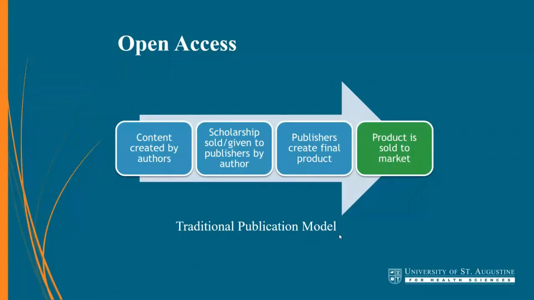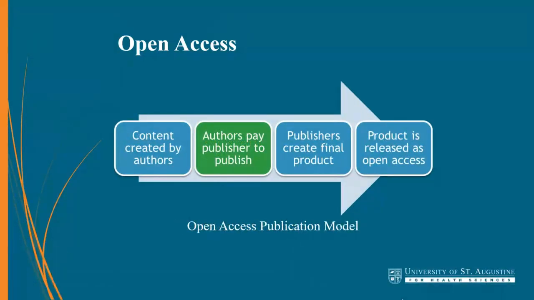So instead of the traditional publication model where the content would be created by the authors and given or sold for a song to the publishers, and then the publishers make their profit by selling it to the market, where the researchers or the librarians are paying the publisher at the point of consumption of the material, and that's where the profit's being made up in the model.